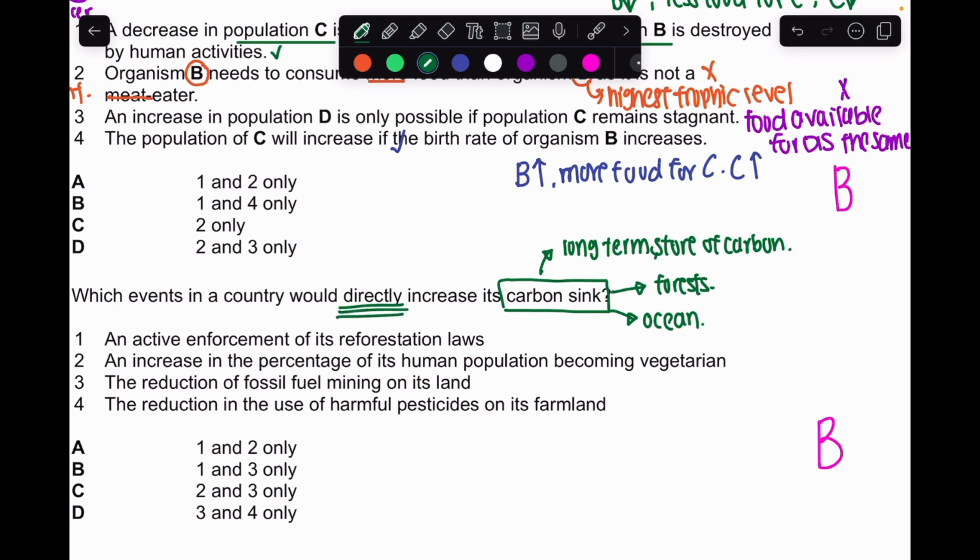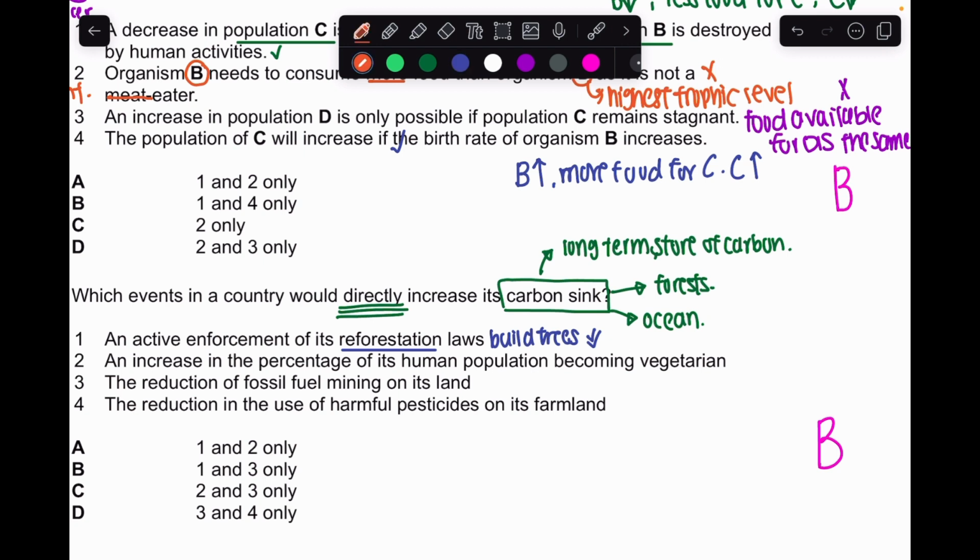Statement 1, an active enforcement of its reforestation laws. So reforestation means you build more trees, right? You conserve the forest. So yes, this is going to benefit the carbon sinks in terms of its forest. Next one, an increase in the percentage of human population becoming vegetarian.